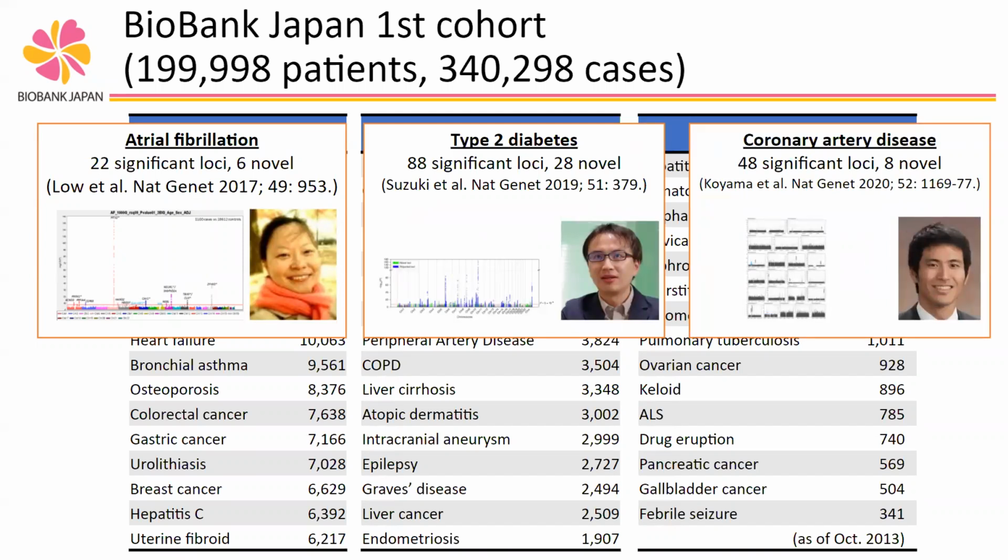Although the sample sizes of these studies are smaller than those of European ancestry, we found many novel susceptibility loci for complex diseases. We think this delineates the importance of GWAS in non-European ancestry.